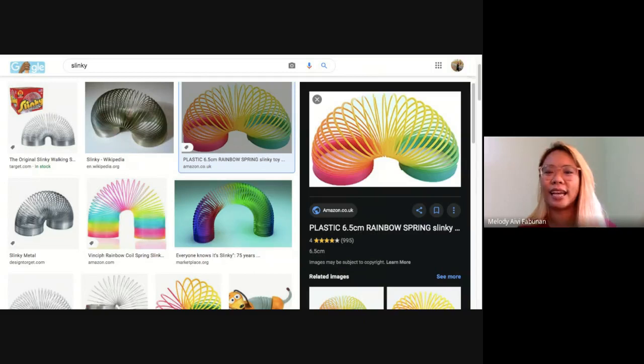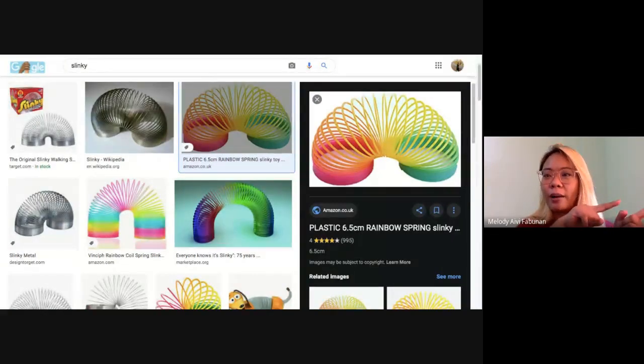So kung matatandaan ninyo, kung kayo ay merong slinky at pinababa nyo yung slinky mag-isa sa hagdanan, kung mapapansin nyo, as the slinky moves down doon sa hagdanan, some of the parts of the slinky are compressed or are closer to each other.